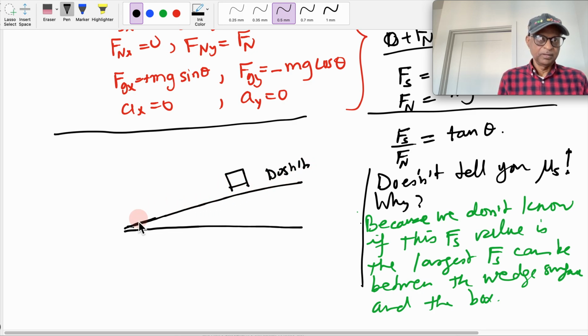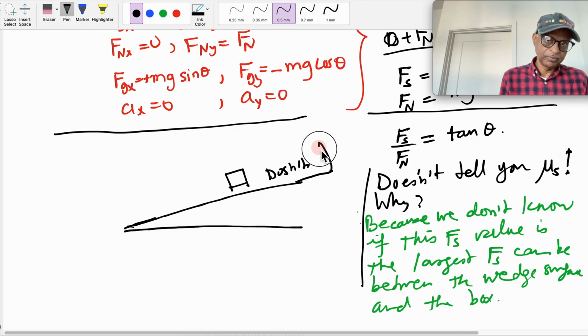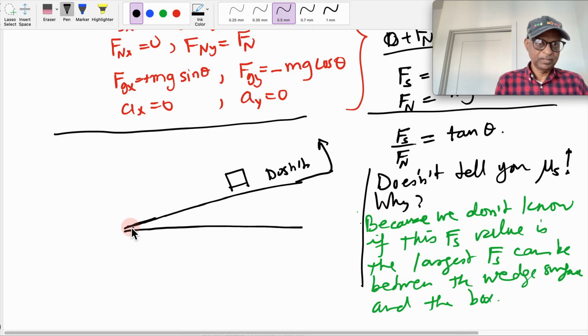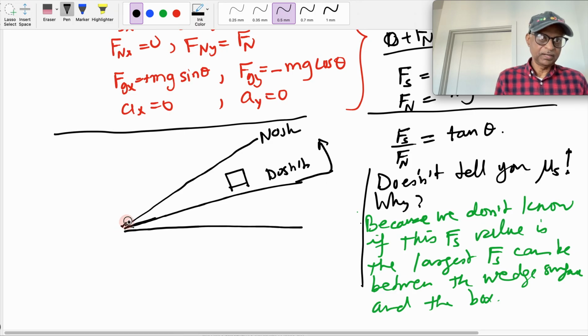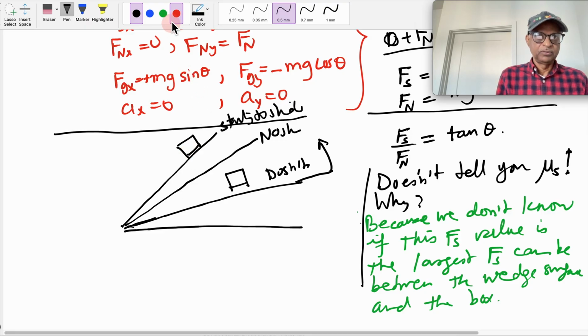Then I move the incline more, still no slide. But then over here I reach a point where it starts to slide. So the box is like that, and this is the angle.